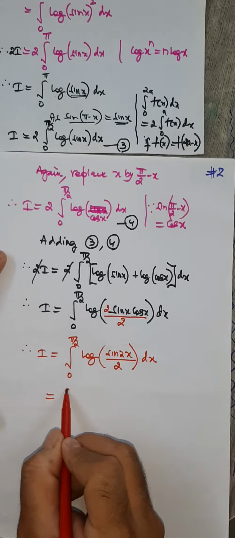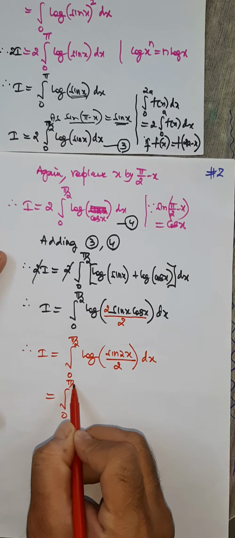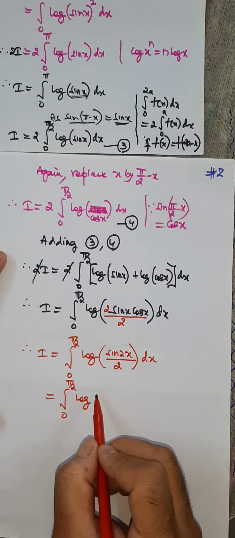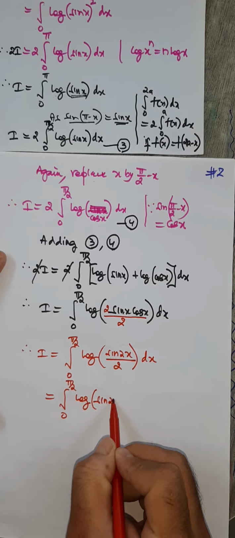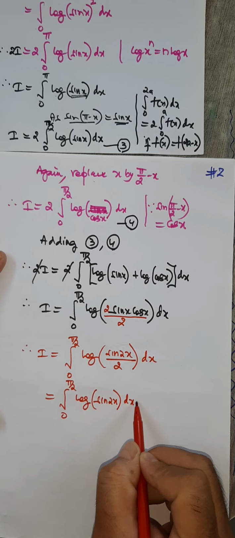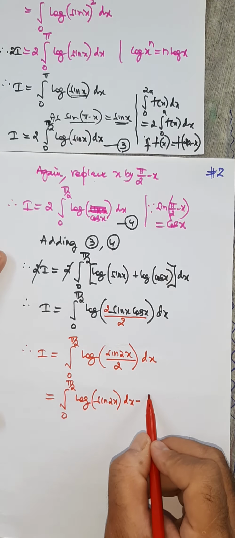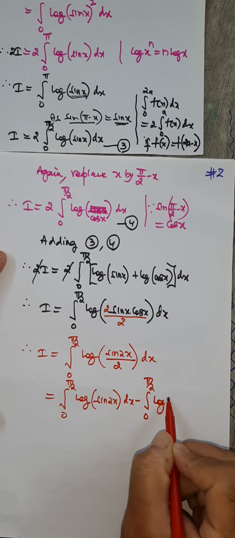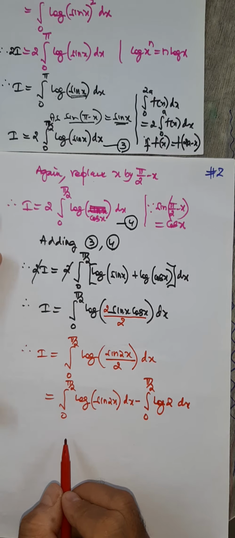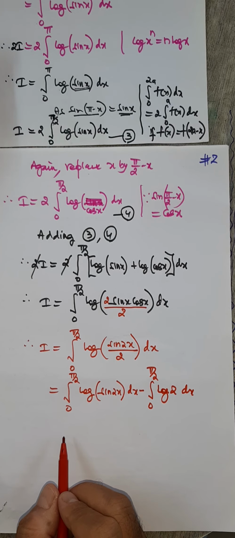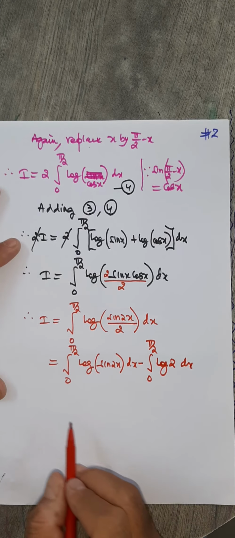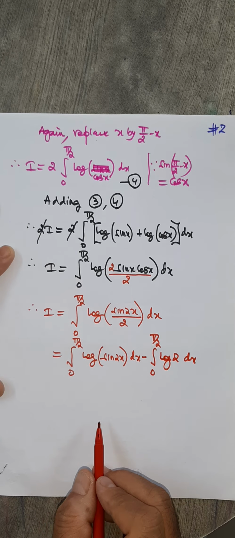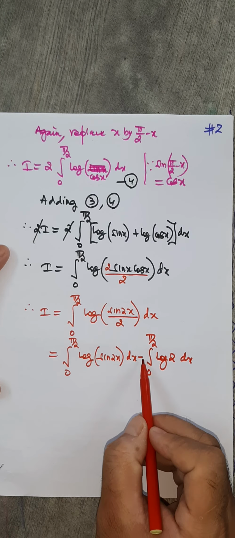Now we use a property of the log function again: log of x by y becomes subtraction, so minus integral 0 to pi by 2 of log 2 dx. What I did is that division becomes subtraction, that concept I've used here.